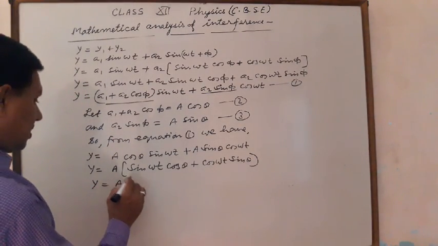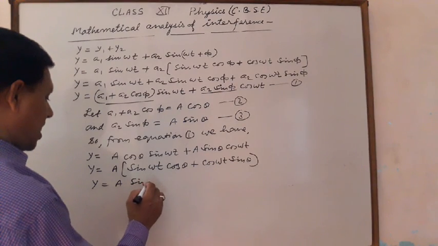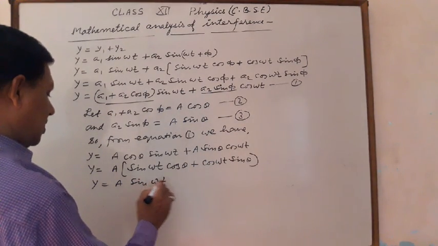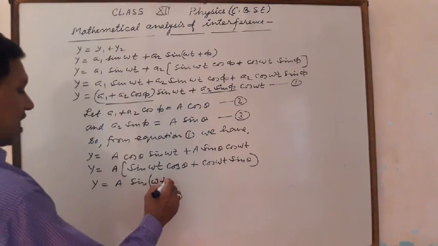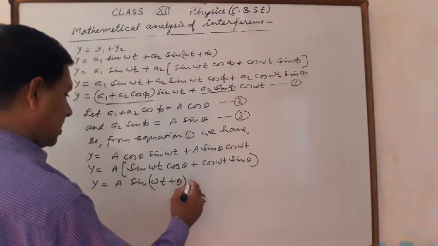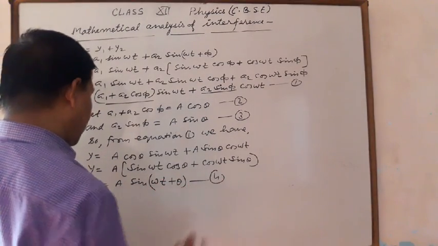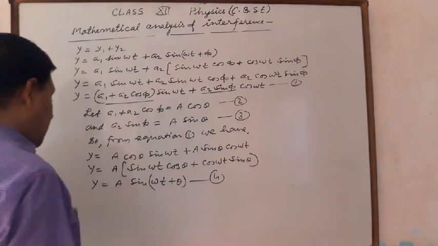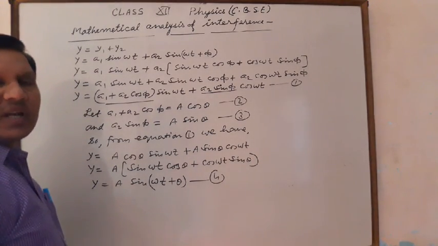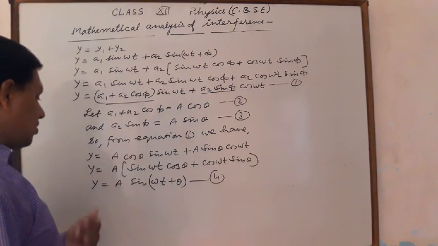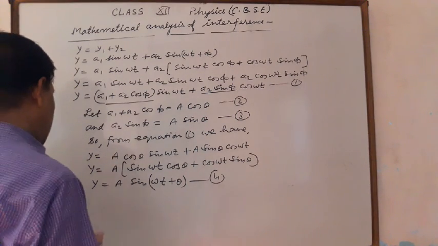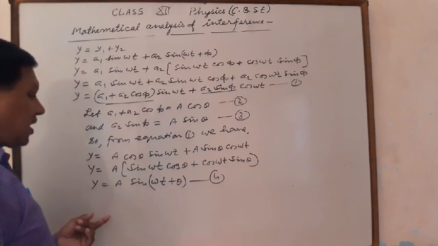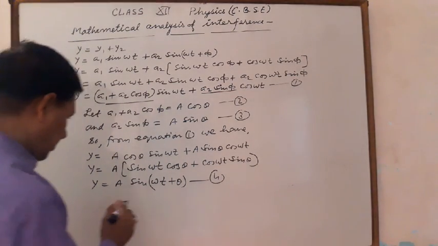So y is equal to A sin(omega t plus theta). This is equation 4. This equation 4 represents the equation of a wave, and this is known as the displacement of the resultant wave.